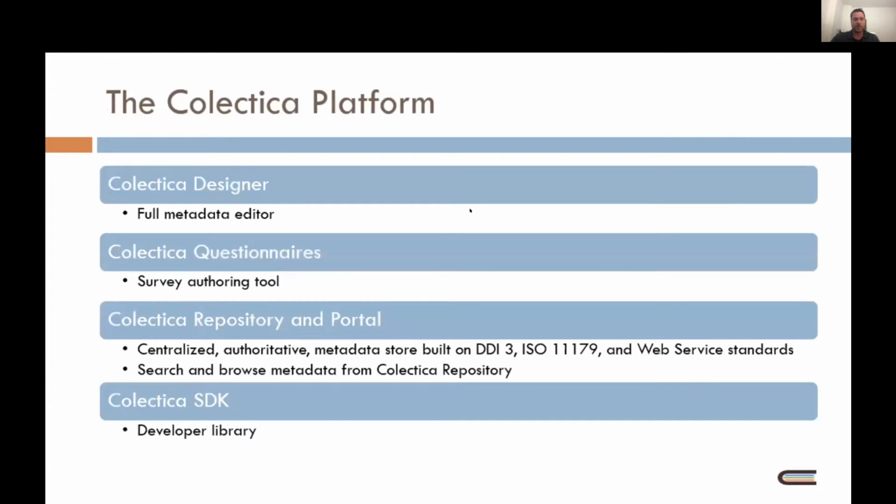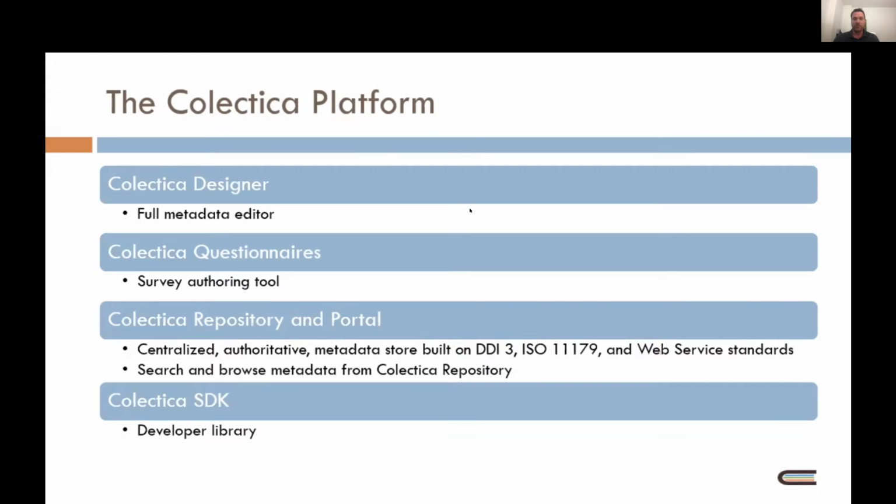So the core Colectica platform solutions include Colectica Designer, which is our full metadata editor, kind of our main product for the most part. We also have Colectica Questionnaires, which is a survey authoring tool. And then Colectica Repository and Portal. The repository is a centralized authoritative metadata store.